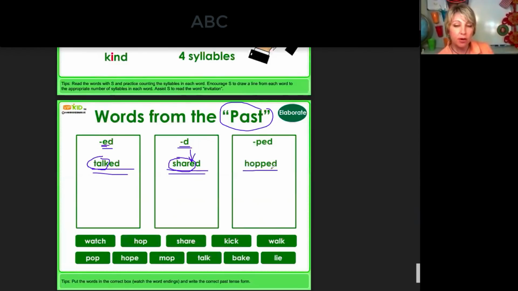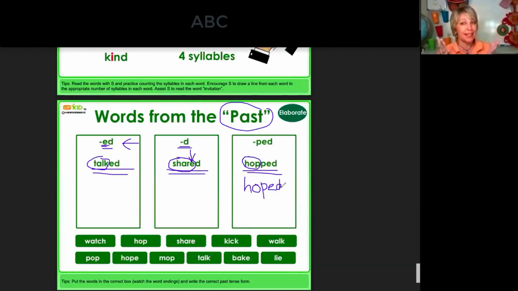But look over here. What's the root word of hopped? And she'll tell me hop. Excellent. It's hop. But look what happens if we just add our ED. Uh-oh. Does this say hopped?